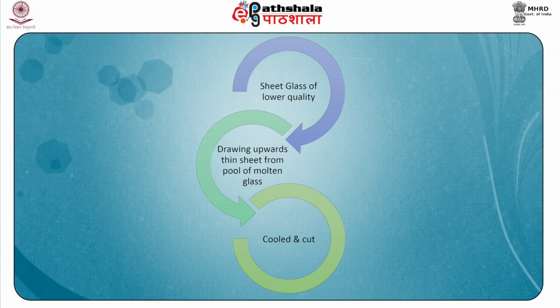As it cooled, the rising sheet stiffened and could then be cut. The two surfaces were of lower quality, that is, not as smooth or uniform as those of float glass. This process continued in use for many years after the development of float glass.